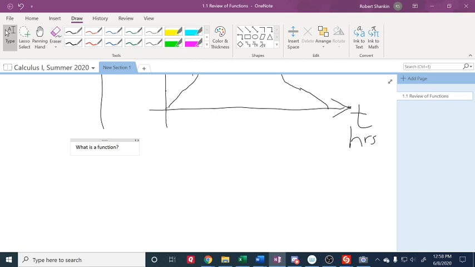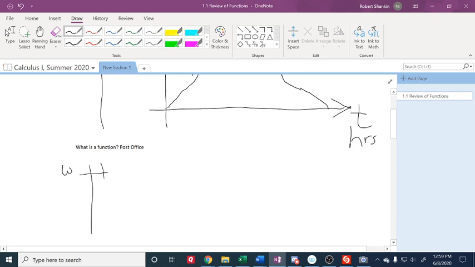So if you have a situation, let me go to draw, and I'll tell you what's the function. The situation is a post office. And here are going to be two quick tables. When you go to a post office, you have the weight and the price.